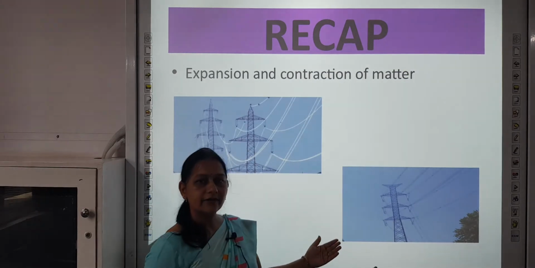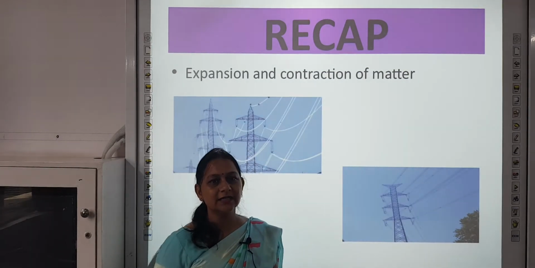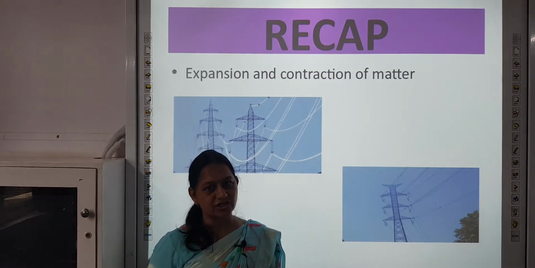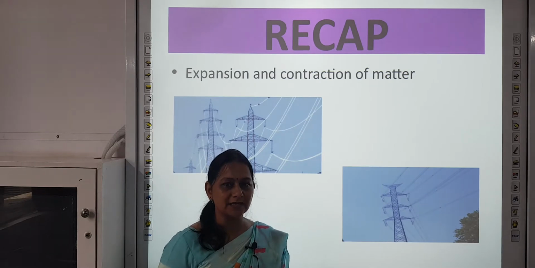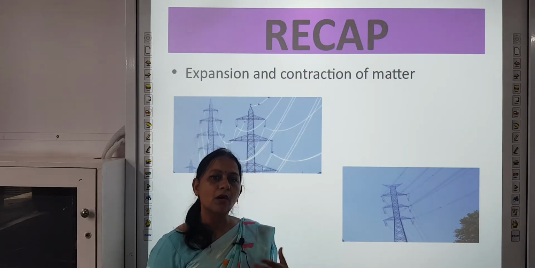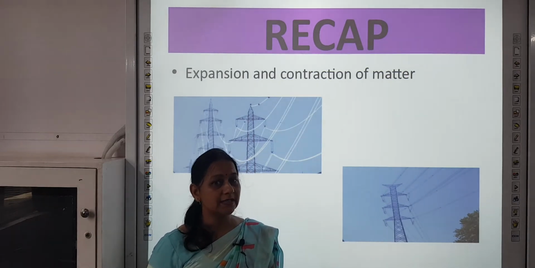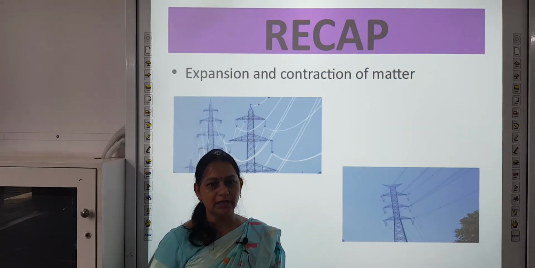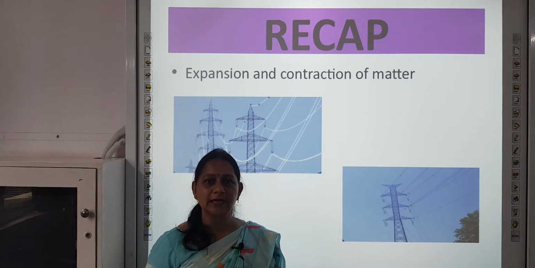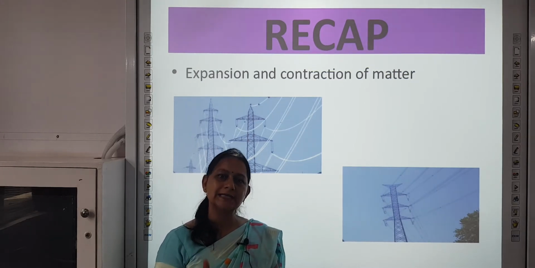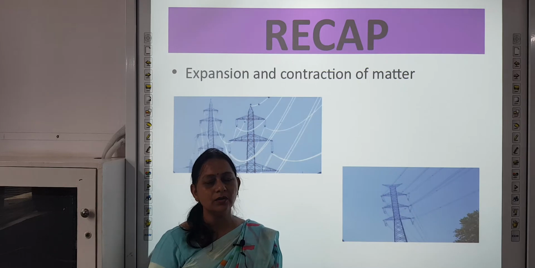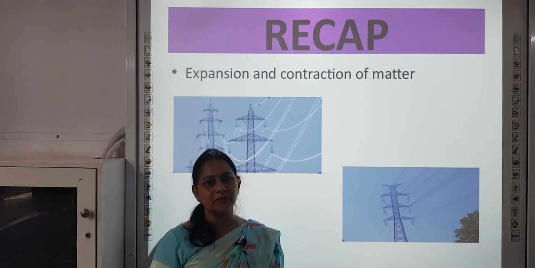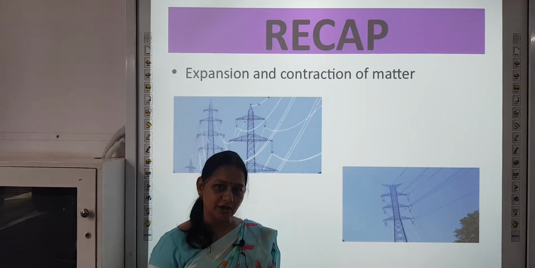This is contraction. What is contraction? The decrease in the size of matter on cooling is called contraction. How does that contraction happen? Because of the cooling, the movement of the molecules decreases, and so the intermolecular space also decreases, and that creates contraction.